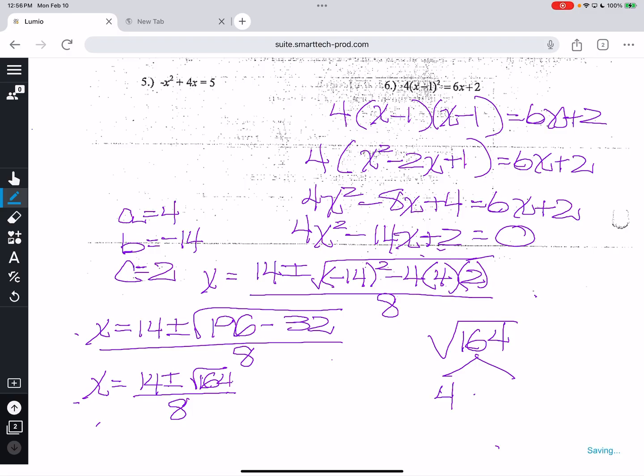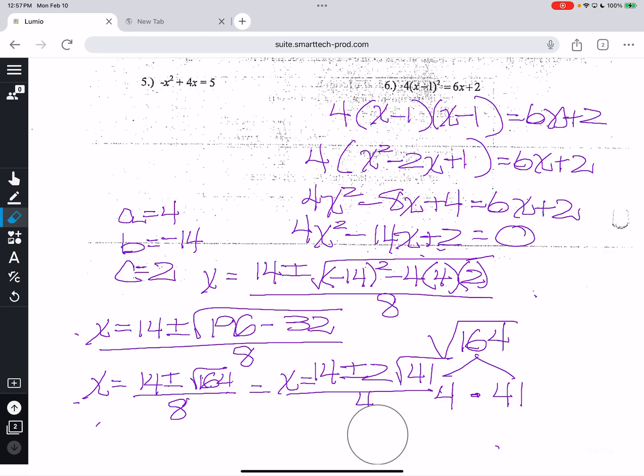So 4 times 41, the 4 comes out as a 2. So x equals 14 plus or minus 2 radical 41 all over 8.